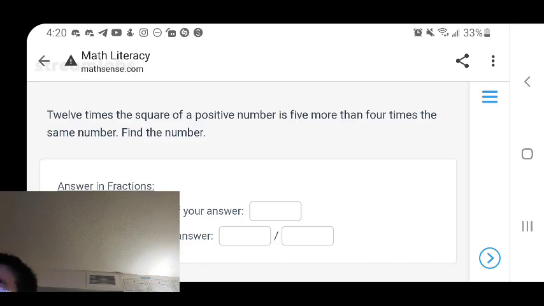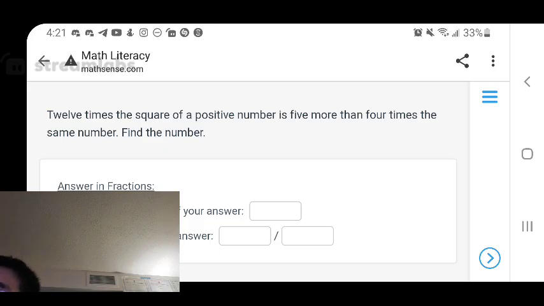Plus 5. The square of a positive number, let's say 5/6, so it's 25 over 36. You times it by 12. You simplify it. That's 25 over 3.